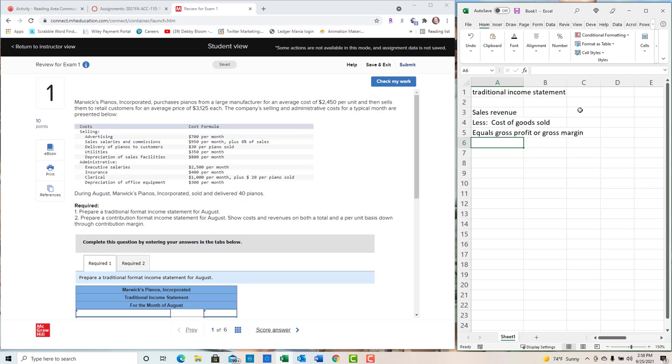They mean the same thing. Then from our gross margin, we subtract our selling and administrative expenses, and that is going to equal operating income.